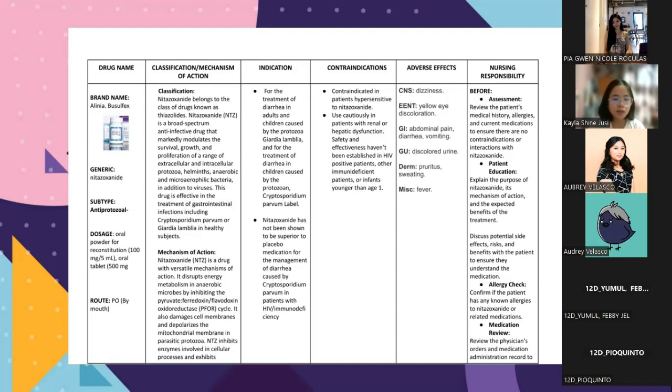And for the frequency of nitazoxanide for the treatment of certain protozoal infections, as follows: for the oral powder reconstitution, the recommended dose is administered with food every 12 hours for a duration of 3 days. For the oral tablet, the specific dosage instructions for the tablet form may vary depending on the condition being treated. So it is important to follow the instructions provided by the healthcare provider or the prescribing information.